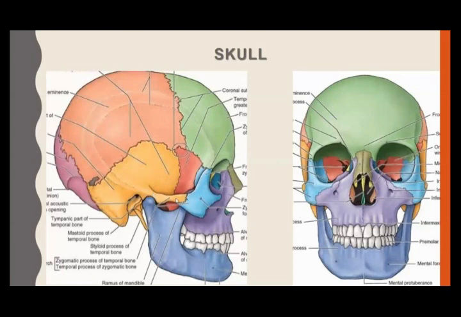This is the zygomatic process, also part of the temporal bone, and this is the squamous part of the temporal bone. Okay, so mastoid part, squamous part, zygomatic part, styloid part, all parts of the temporal bone, and this is the external auditory meatus. Is it clear so far, son?